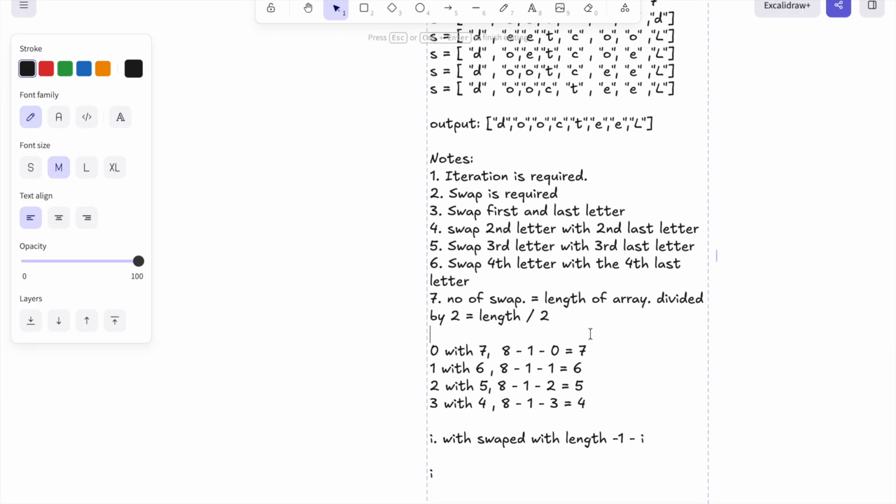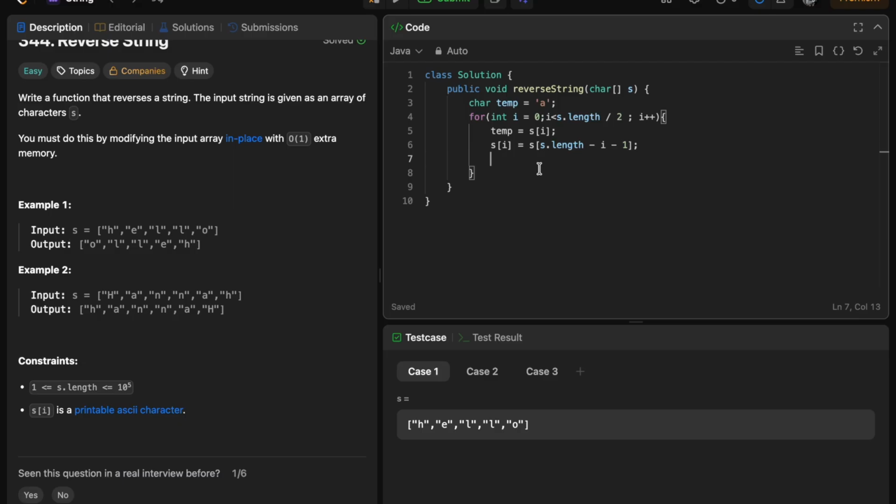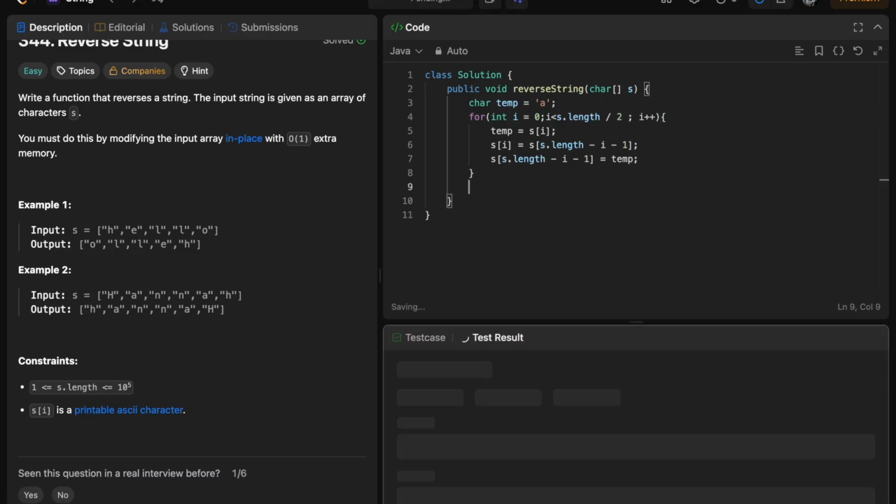That's the condition we checked. So length minus 1 minus I, right? Now this value would be equal to the temporary variable. That's how we do a swap here, and that's all we need to do.